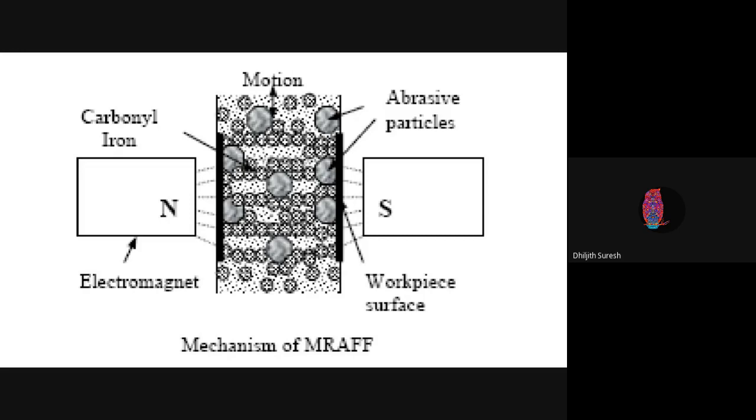Also the carbonyl iron chain, the chain-like structure formed using the carbonyl iron particles, you can see here. So together they form the mixture, and it is moving up and down. There is a motion shown here. So this is a two-way abrasive flow. So this is the incorporation of the magnetorheological fluid into the abrasive flow machining.